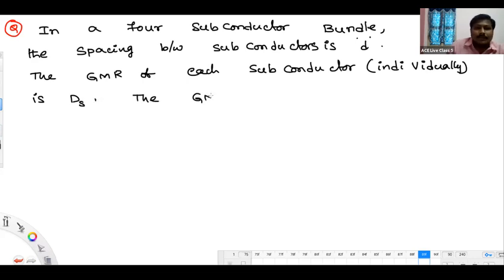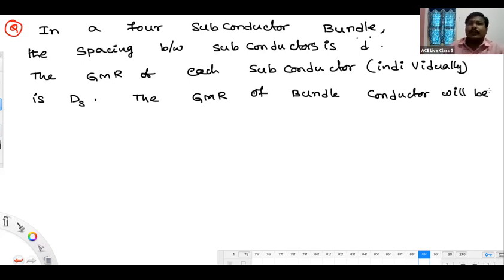The GMR of the bundle conductor will be... So it's not a fill in the blank type of question. We'll get some equation as the answer. You write: calculate the GMR of the bundle conductor. Better. Okay.